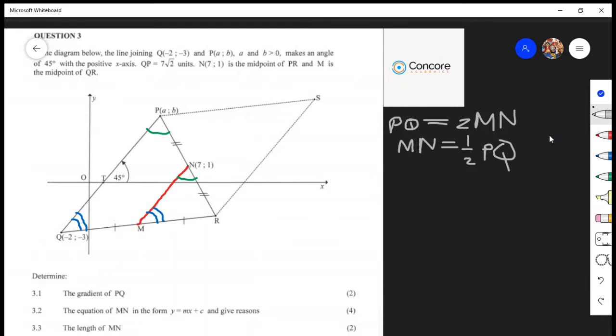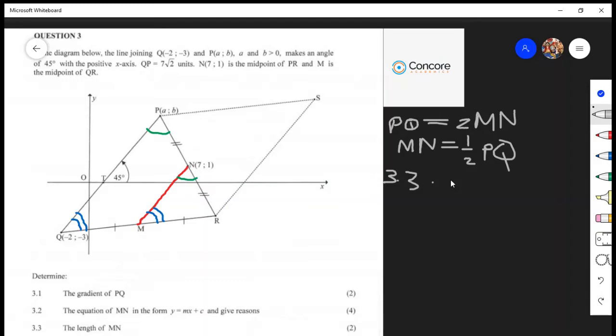Yes? Okay. So to continue with question 3.3, calculating the length of MN. It depends on which. Okay, if they asked us to find the length of PQ, I would have used this.